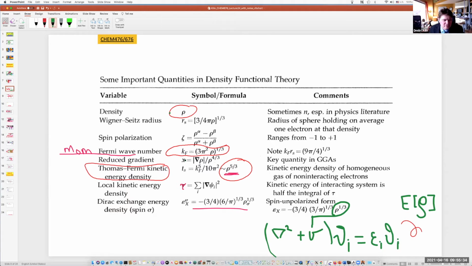The gradient, which is used for generalized gradient functionals. Thomas-Fermi energy that we discussed almost a month ago, density to power 5/3, which characterizes kinetic energy, and there are terms for spin exchange in the simplest approximation. And here are the spin polarizations that we discussed a week ago: density alpha minus density beta divided by their summation.